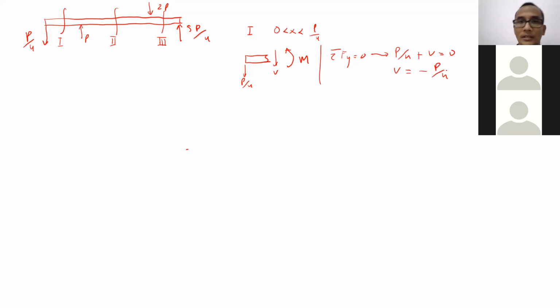How about moment? We will use sigma moment at A equal to 0. Just M, right? No, not just M, because P over 4 is there, but we have phi, right? Oh, V is also included.